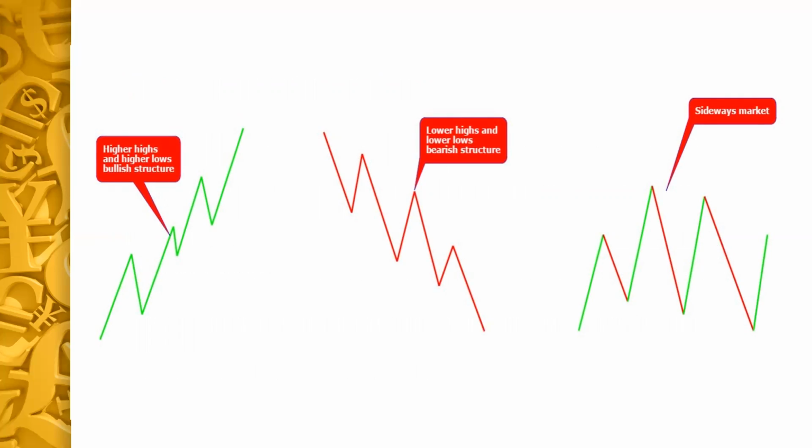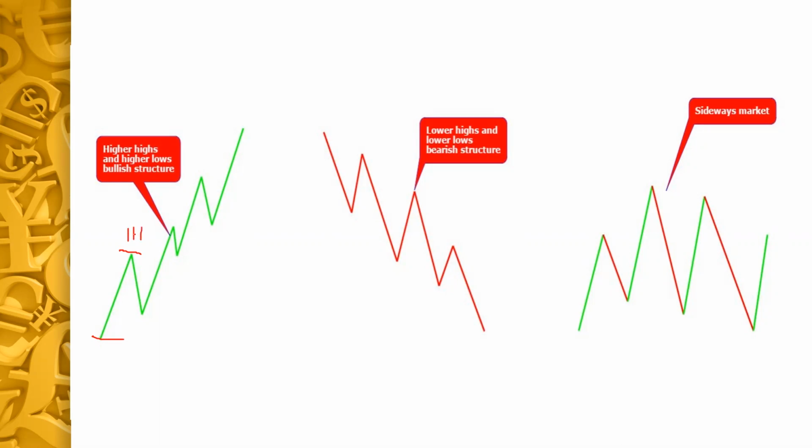So, bullish market structure: you have the first one to the left, the green one. When the market is making higher highs and higher lows, as you see here, this one was the initial low, then price went high and gave us our initial high.